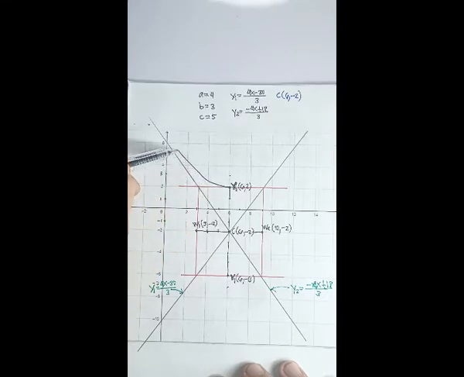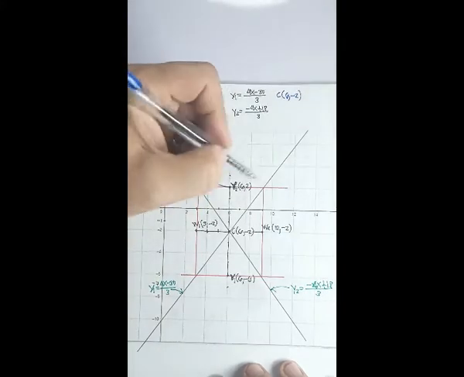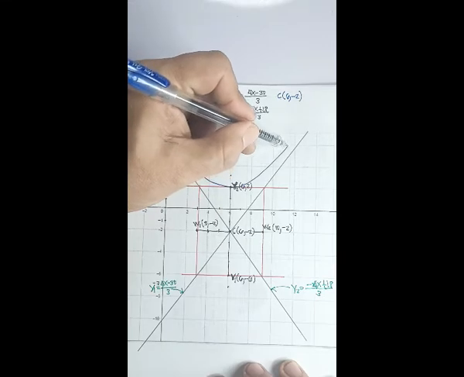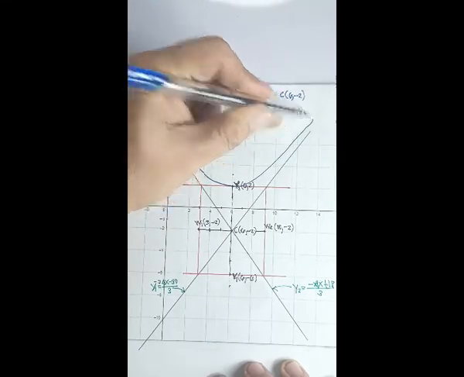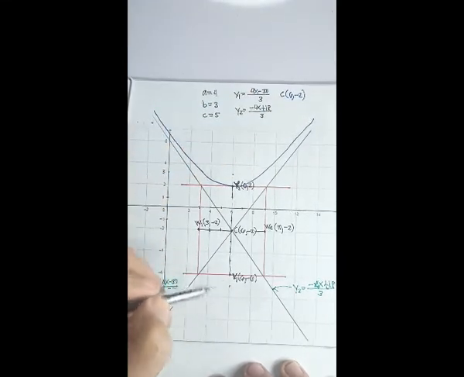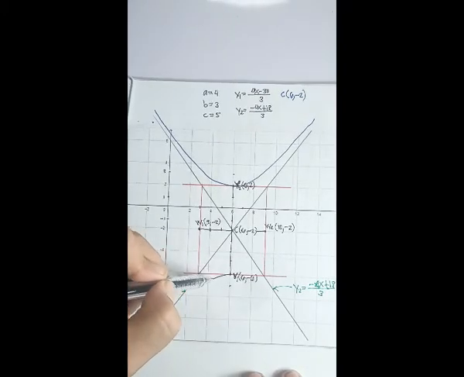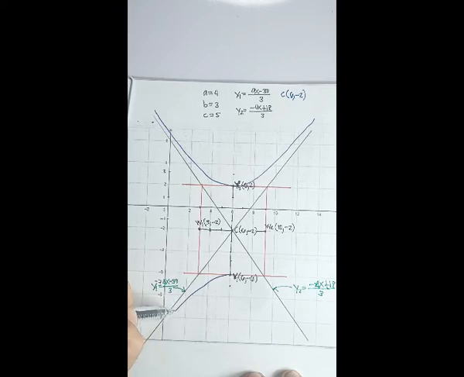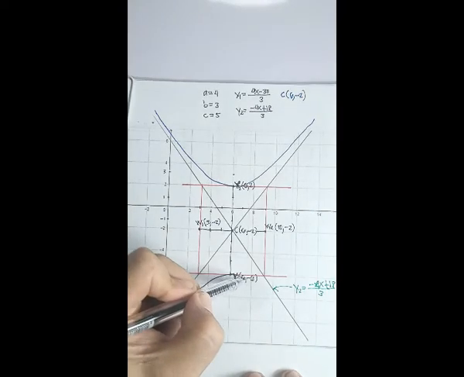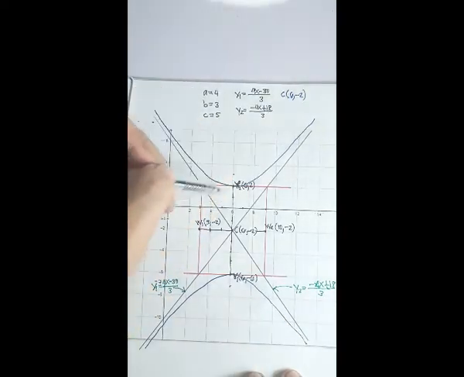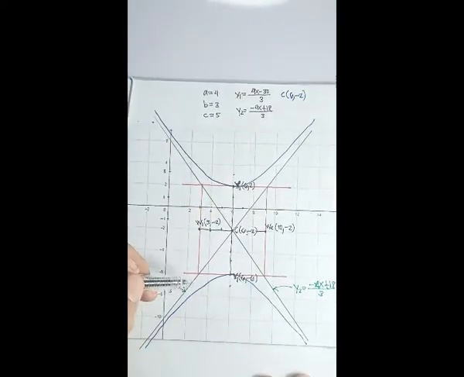So igo ra siyang ma-approach, pero dili na siya mo-touch. Then diri pud sa ubos, so good pud sa vertex, padulong sa asymptote. So mao ni atong duha ka curve sa hyperbola.